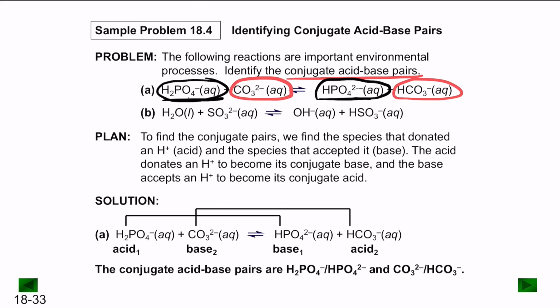Again, let's look at the next reaction. Let's look at H2O here. H2O becomes OH minus, which means it loses a proton, so it's a proton donor. So which means that this here is the acid, OH minus is the conjugate base. So let me write it down right here.